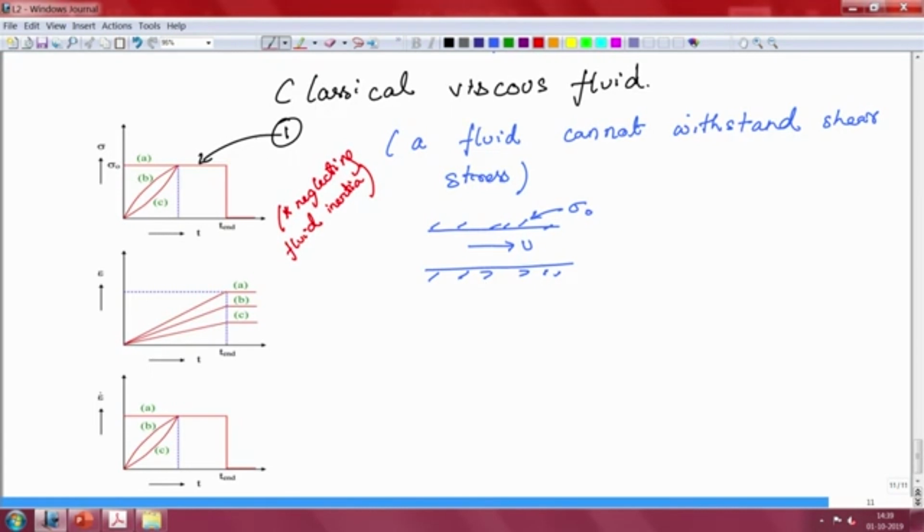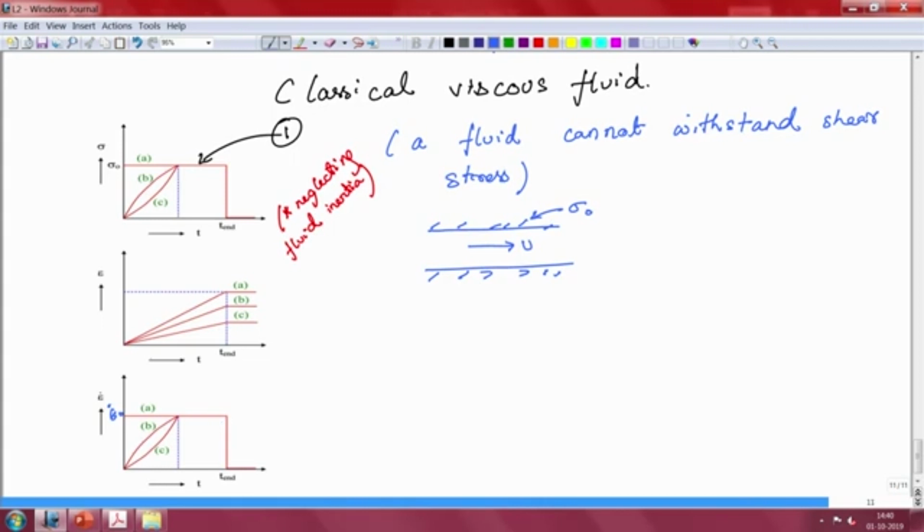Interestingly, your graph for epsilon is very different from that of a classical elastic solid. But if you look at epsilon naught dot, the strain rate, it is going to be constant. These are straight lines. So the strain rate attains a constant value, and it remains at that value for as long as you provide the stress.